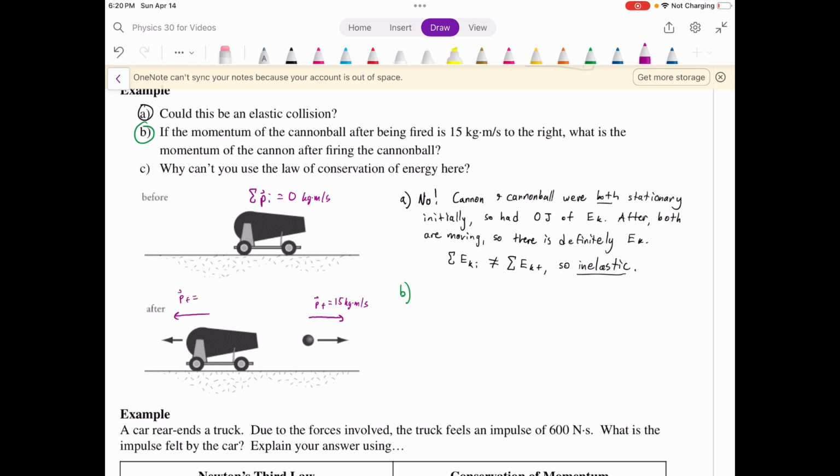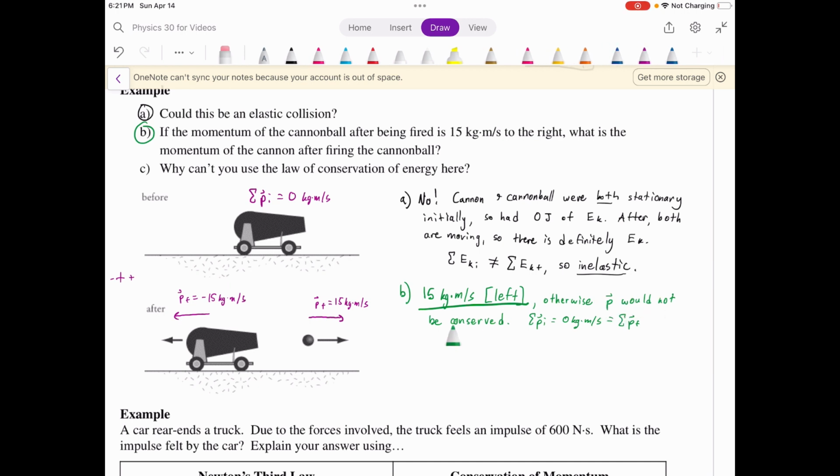Or if we're calling right positive and left negative, negative 15 kilogram meters per second. So the total momentum in our system is 15 plus negative 15, giving us the same total we started with, 0, right? So there's no way around it. The momentum of the cannon must be 15 kilogram meters per second to the left. Otherwise, momentum would not be conserved.